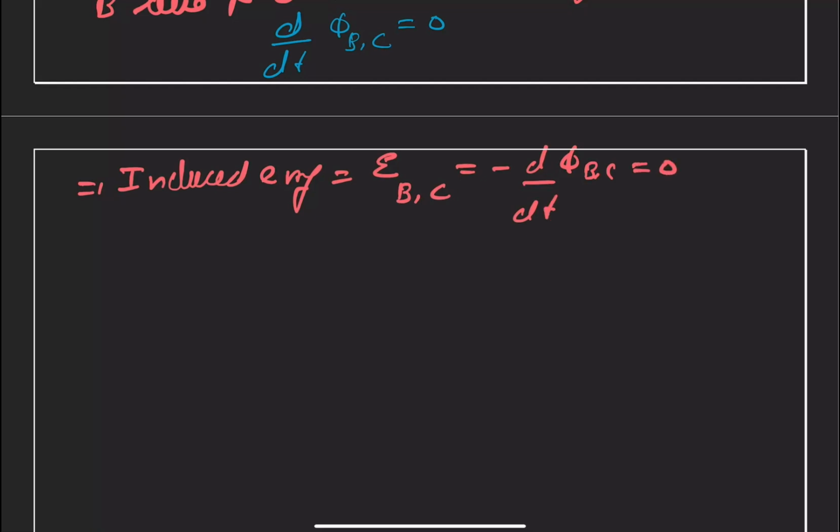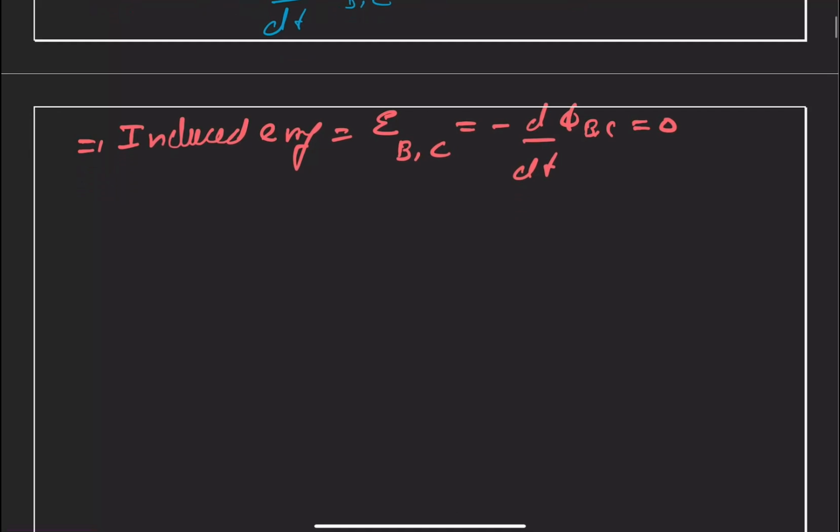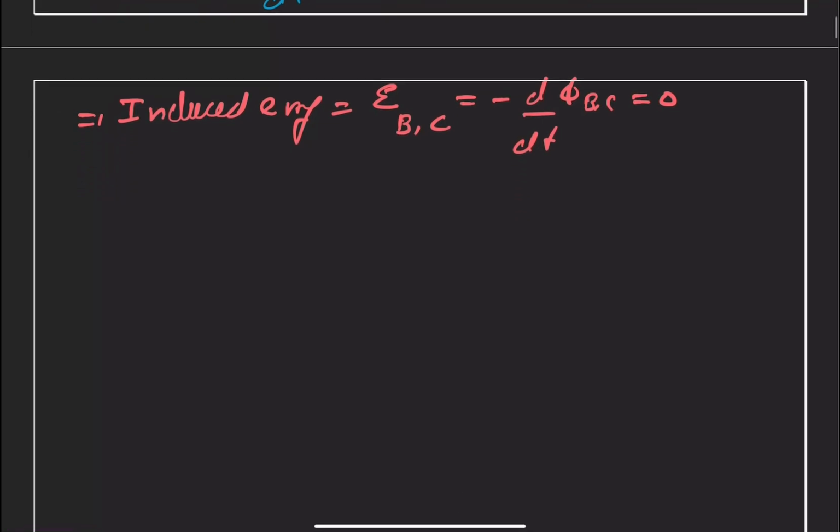So as the induced EMF is equal to 0, we can draw a conclusion that no induced current in B due to C.